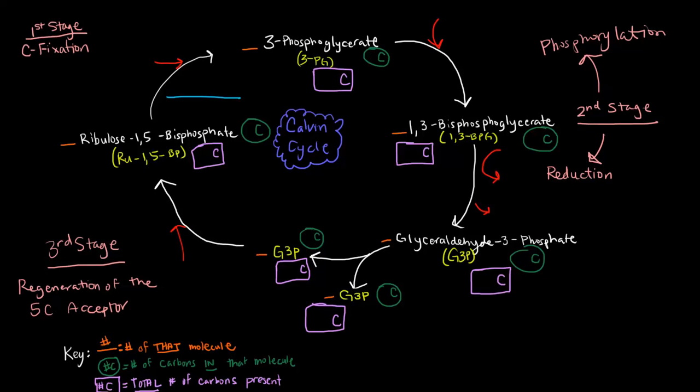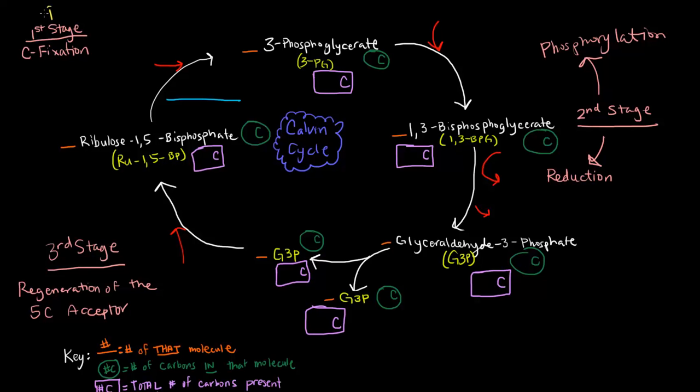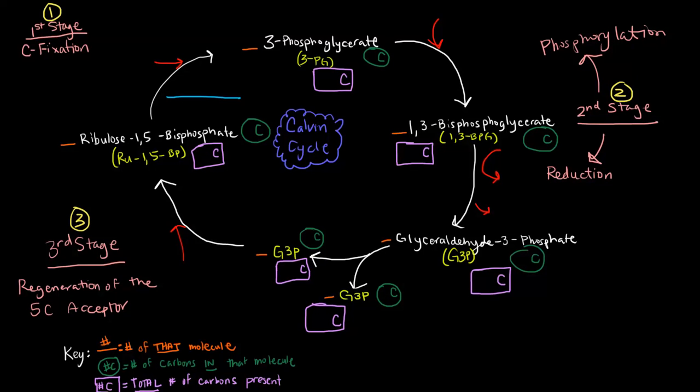Okay. There are 3 stages. The first stage being carbon fixation, the second stage being twofold, a phosphorylation step and a reduction step, and then the third and final stage is the regeneration of the 5-carbon acceptor. So what I want you to keep in mind, in order to understand this as best you can, I've written out this key here.